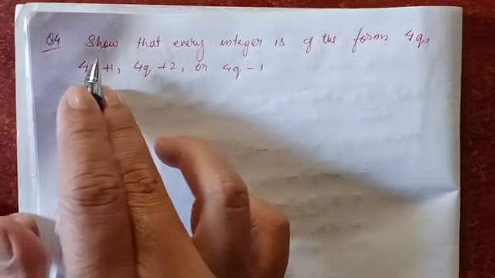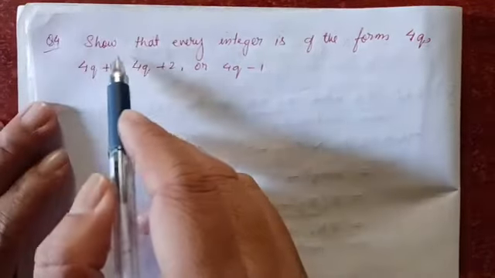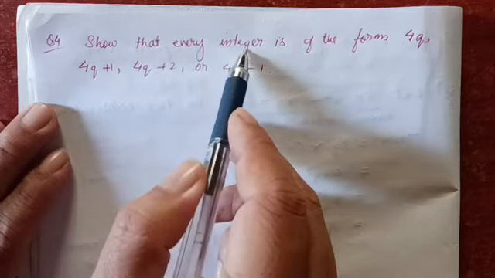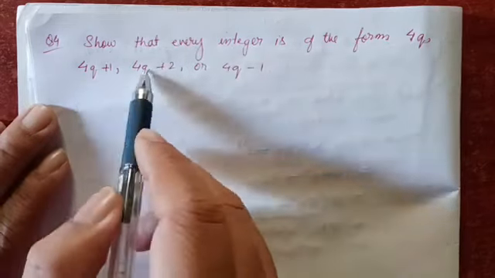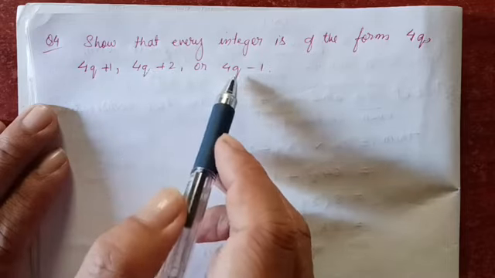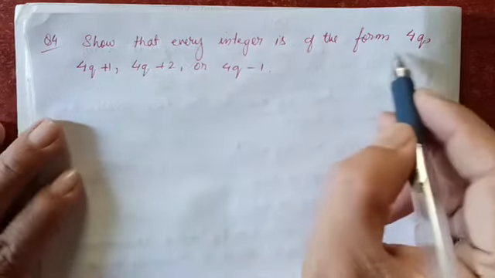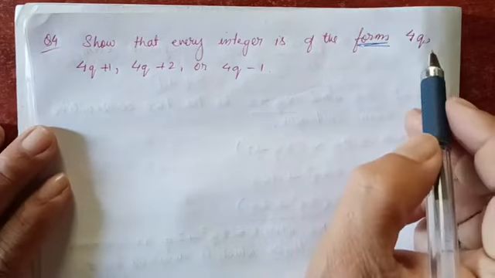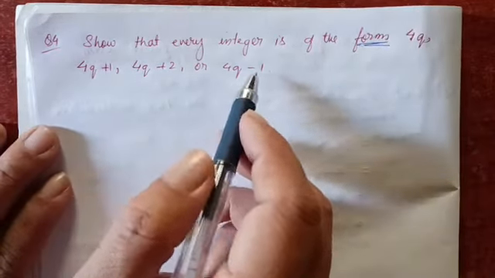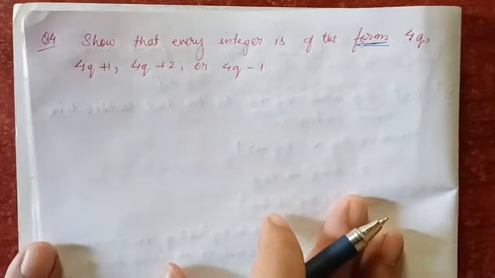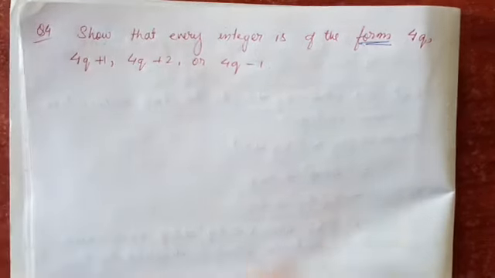Okay, now question number 4. In question number 4, see, every integer is of the form 4q, 4q plus 1, 4q plus 2, or 4q minus 1. Now the question already gives the form. So when the question gives forms, remember that this question is a bit different from the previous one.